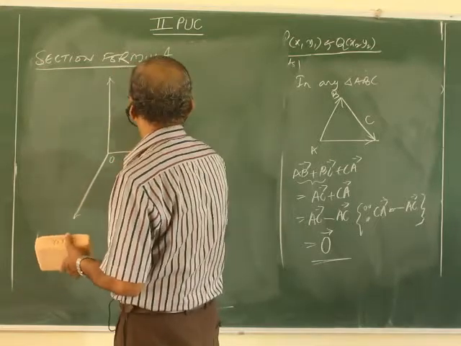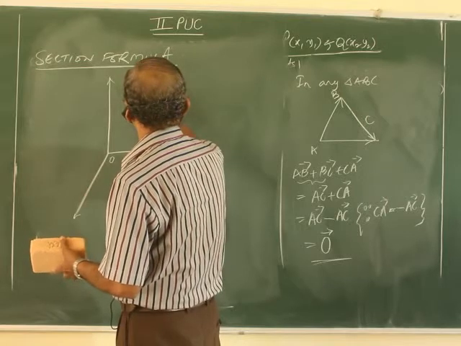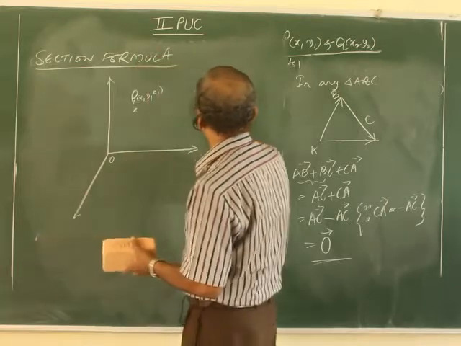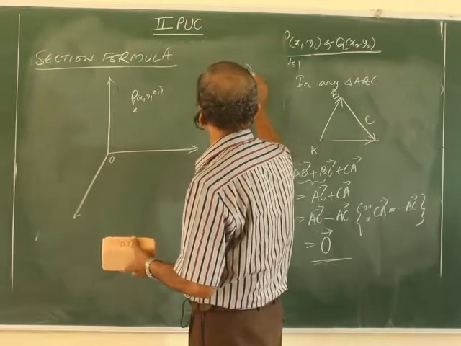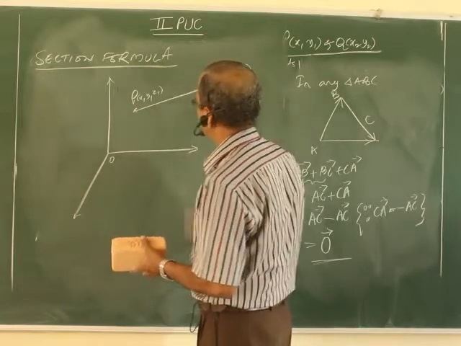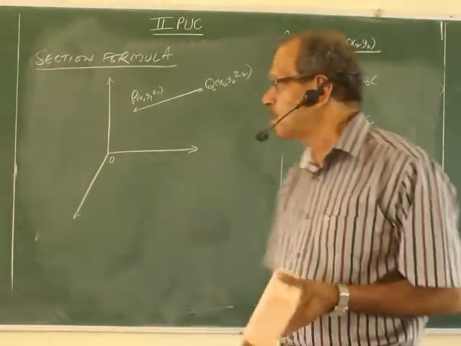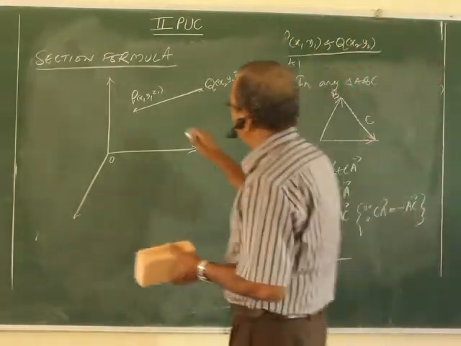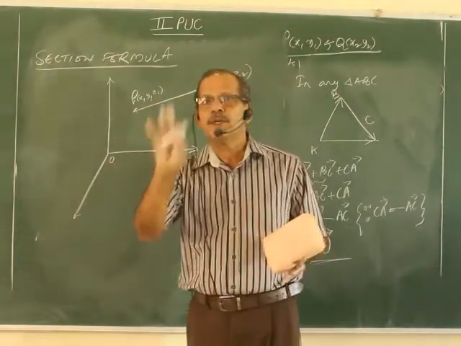Again there are 2 points, P(x1, y1, z1) and Q(x2, y2, z2).